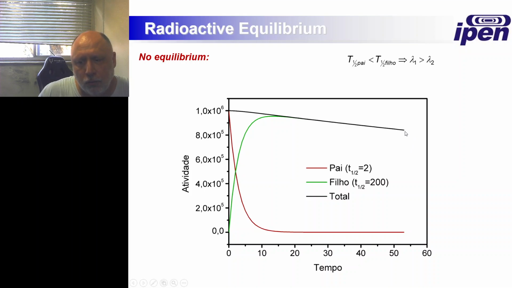That's like the father who gives away his money for his child, and his child is clever and just puts it in the bank and spends it wisely. The daughter will outlive the money of the father easily. That's the case here. Father decays, forms the daughter, and that goes. Okay. So there's no equilibrium, nothing fancy here.